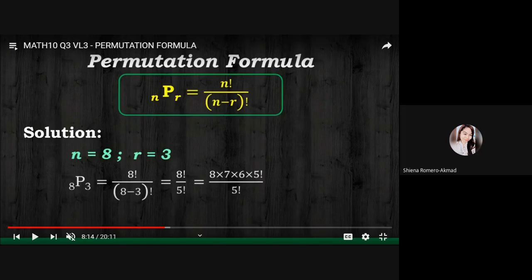That's 8 factorial divided by 5 factorial. And it will give us 8 times 7 times 6 times 5 factorial divided by 5 factorial. Cancel out 5 factorial. We'll have 8 times 7 times 6, and that is equal to 336 ways. Okay? May question ba dito?